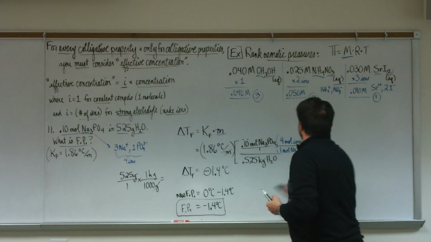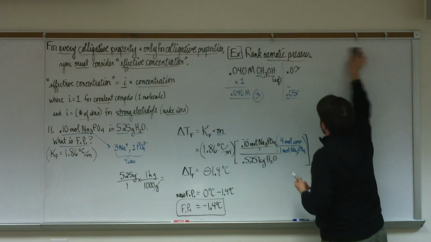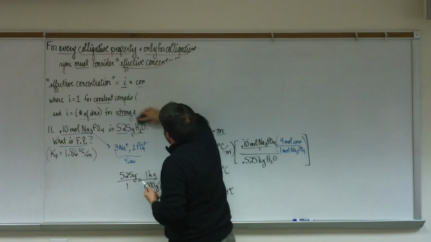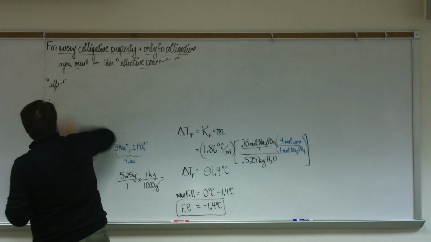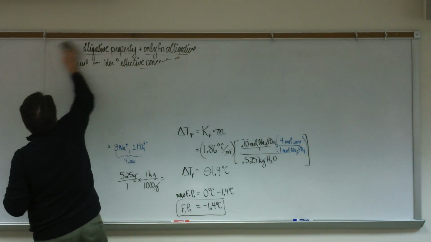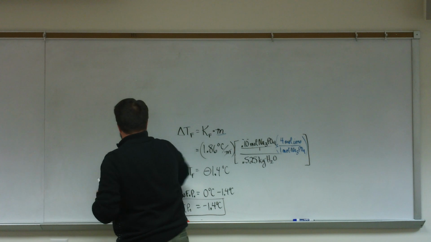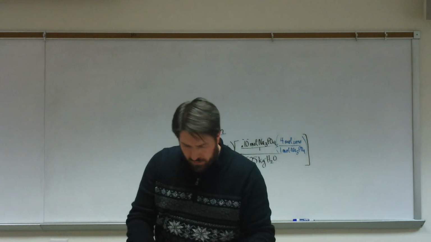Now we can go to a secondary part. It is true that every colligative property can be used to determine an unknown's molar mass. We should have a strategy for this, so I'm going to show you what that strategy is. I'll finish erasing shortly.